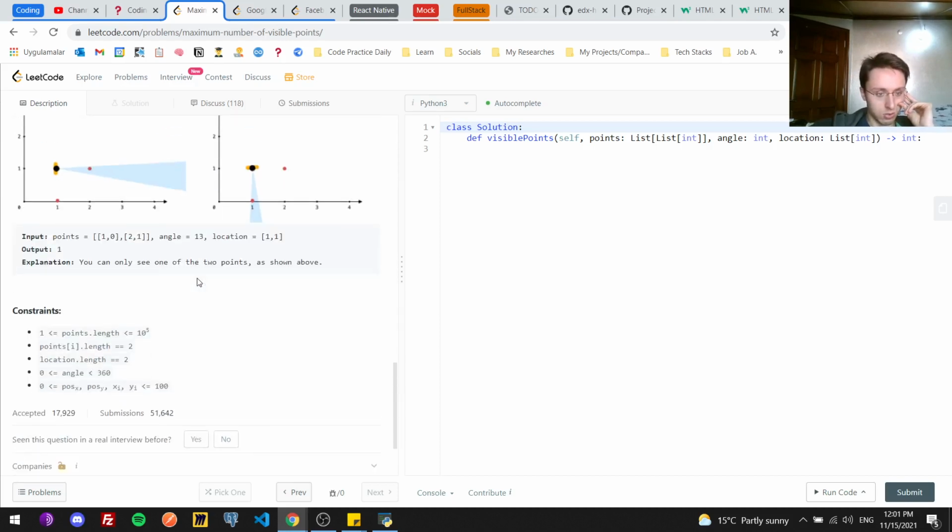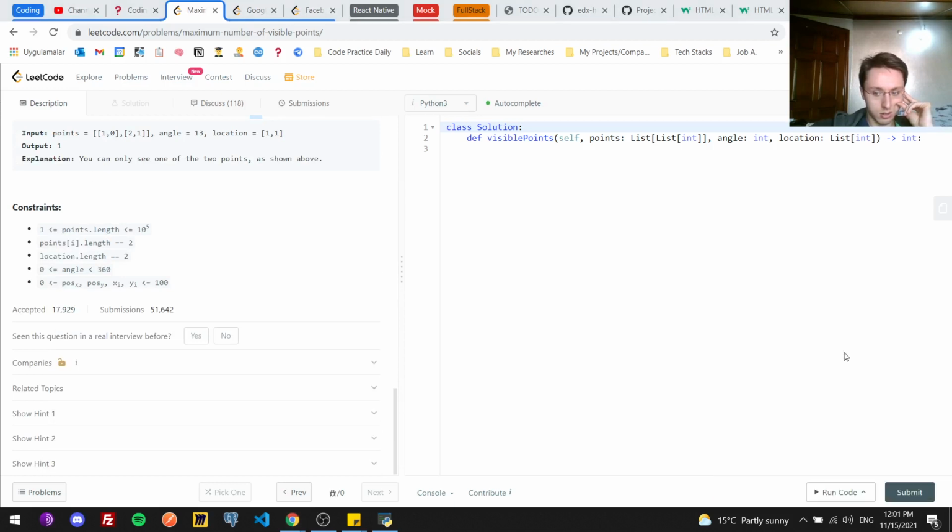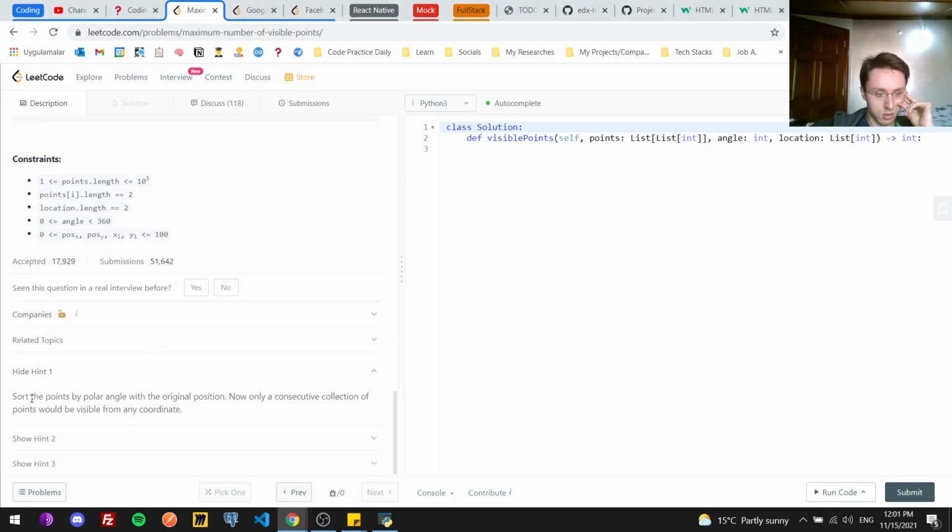I actually don't know. I guess I need a hint. Sort the points by the polar angle with the original position, and a consecutive collection of points will be visible from any coordinates.